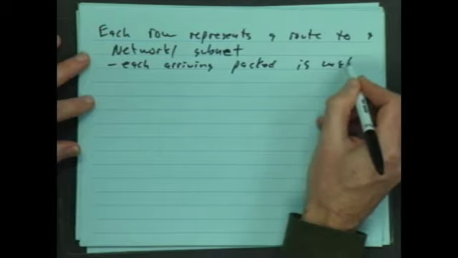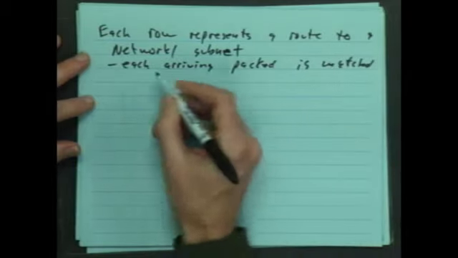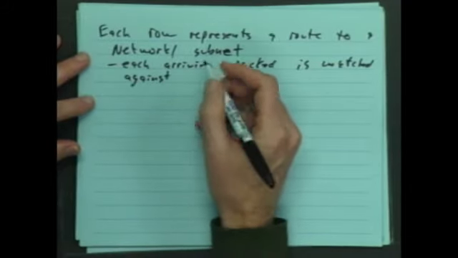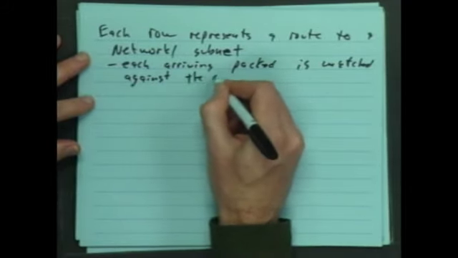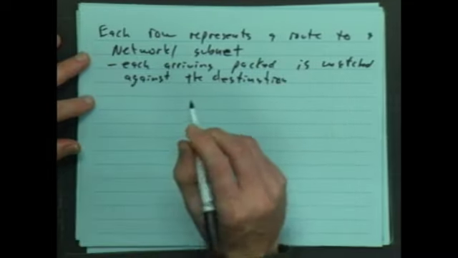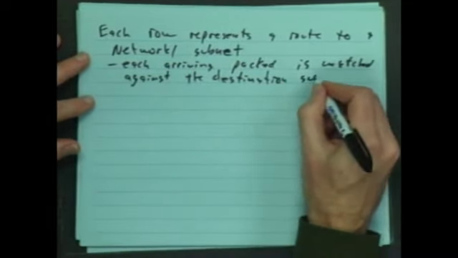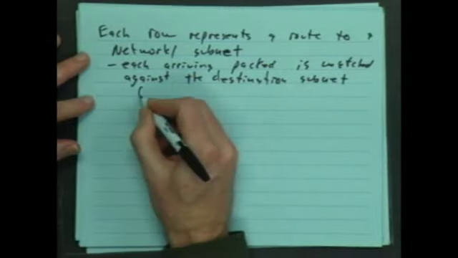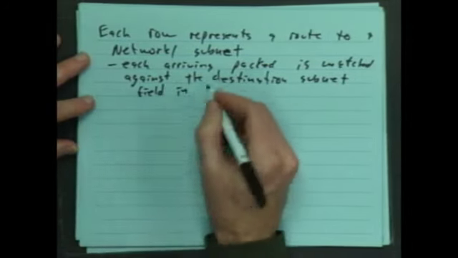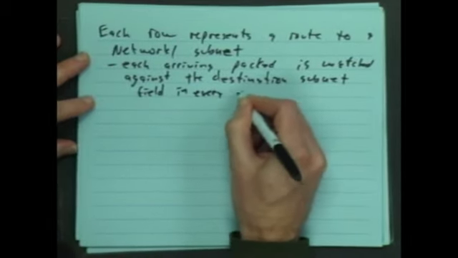is matched against the destination subnet field in every row.